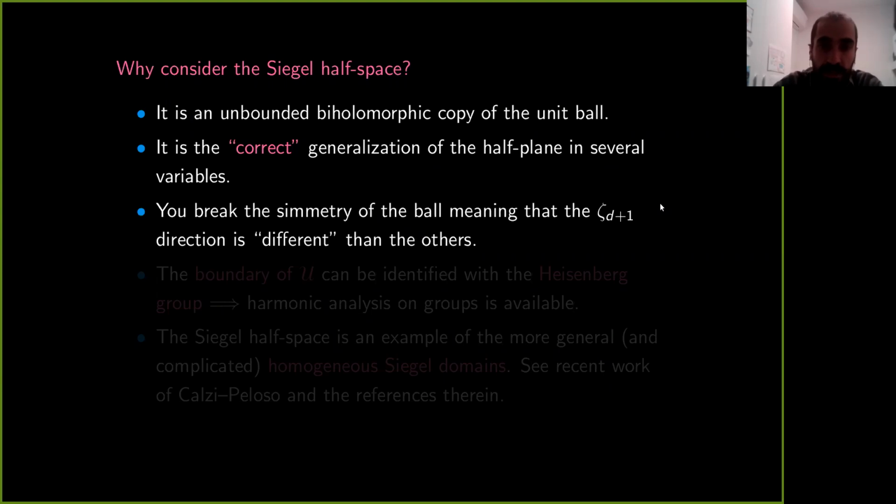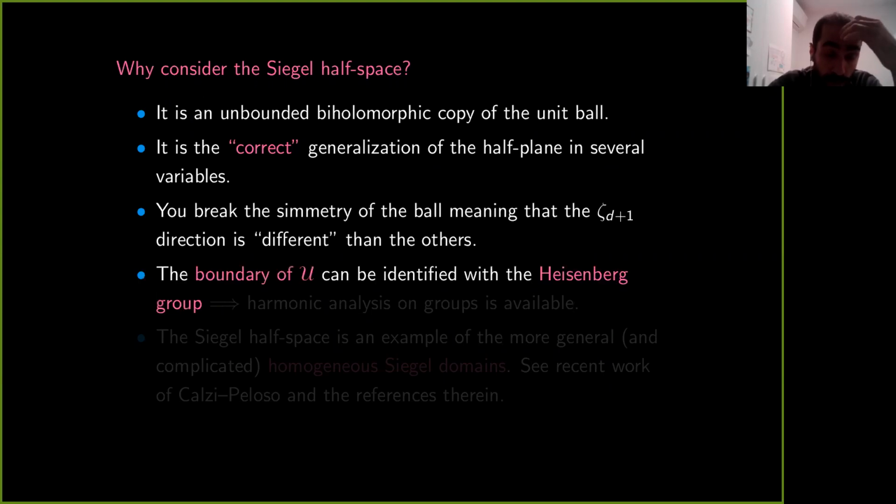It is a transversal direction to the boundary. And so by breaking the symmetry, not all the variables are the same as in the unit ball. This can help you to understand a little bit what's going on, and maybe you can use the point of view of the Siegel half space to understand things on the unit ball, so going the other way around.